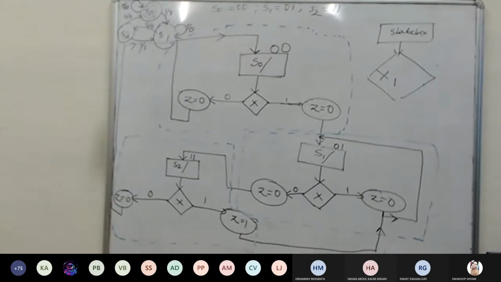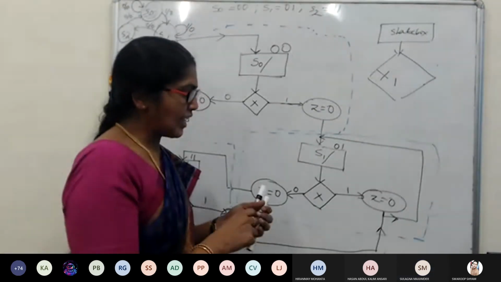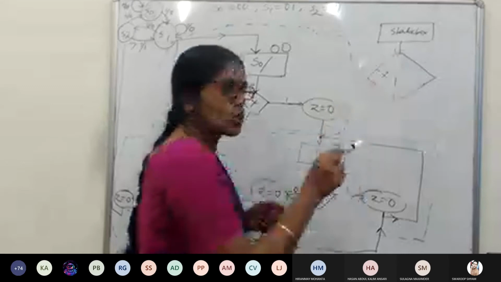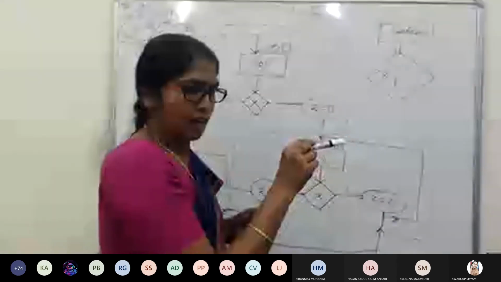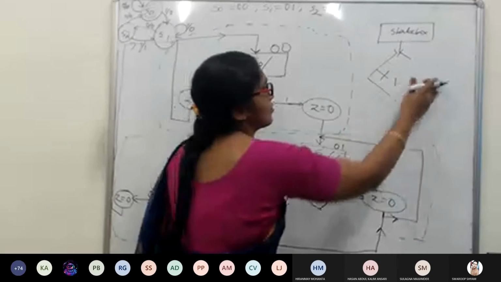Yes, Aditi? Ma'am, under x1 0 and x1 1, we can implement x2, then again 0 1. Hold on, Sulagna. What you are saying is that under the state box, first I will put x1.